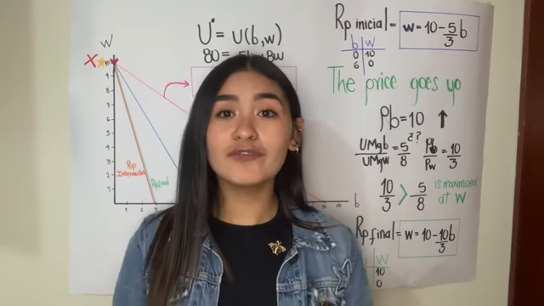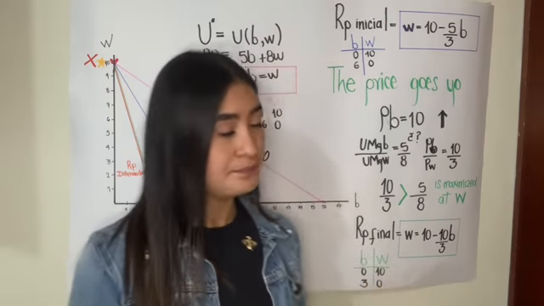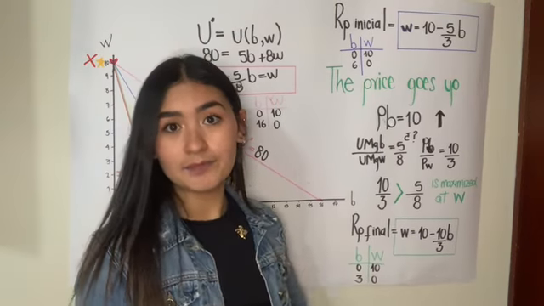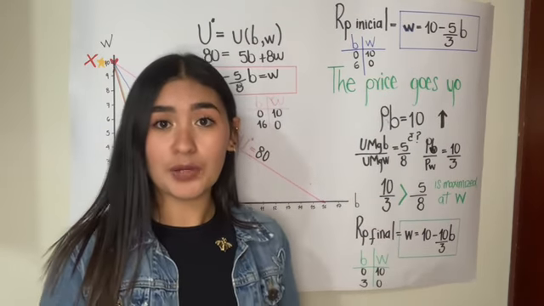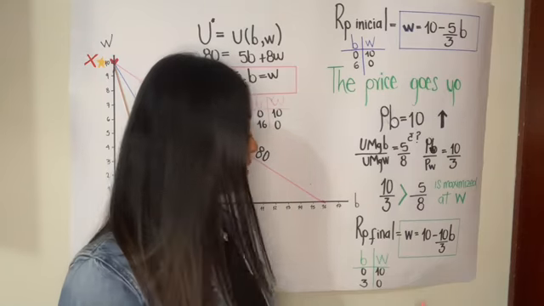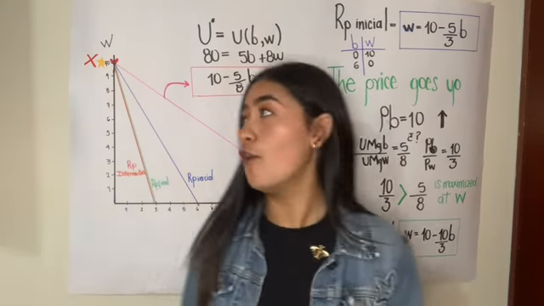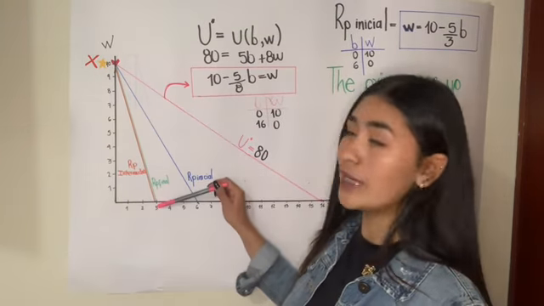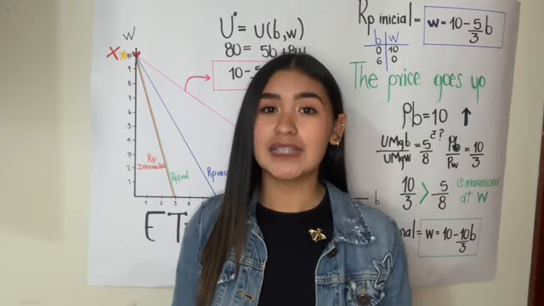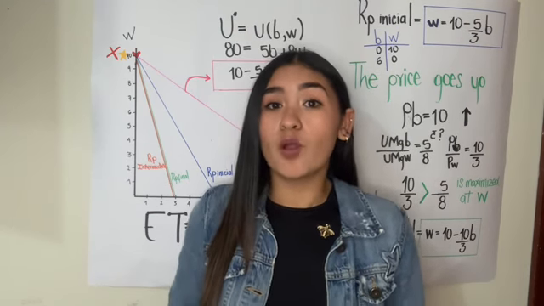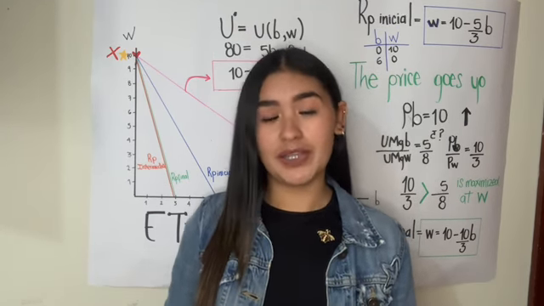Also, we have to find the final budget line with the new price. Here is the function and the tabulation of this green line. At that point, Slutsky tells us that we must draw a middle budget line.